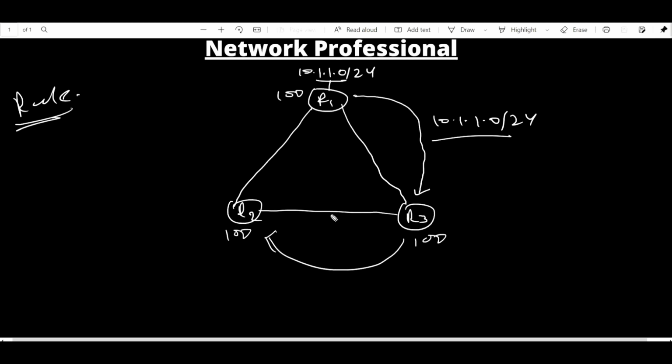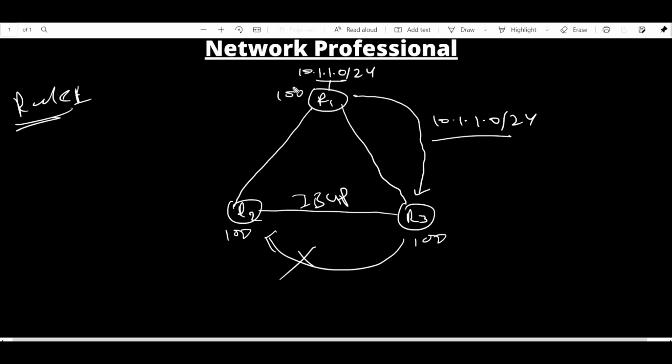So this is an iBGP neighbor, right? So rule number one is: whenever a router receives a prefix from iBGP, the router will never share that prefix with another iBGP neighbor, right? So if R3 will not share this prefix with R2, how can we create a loop?